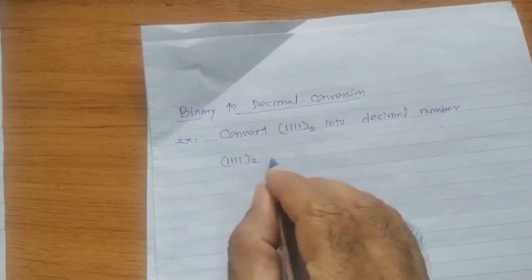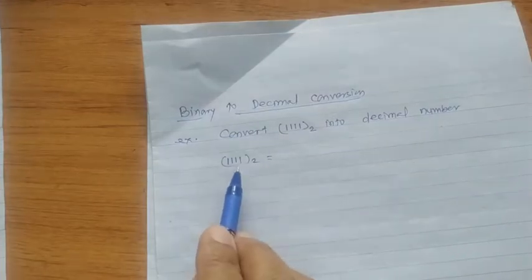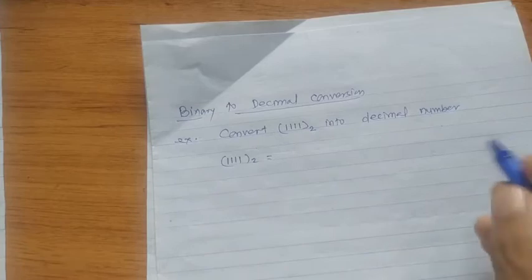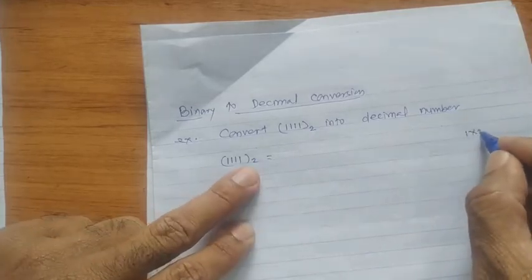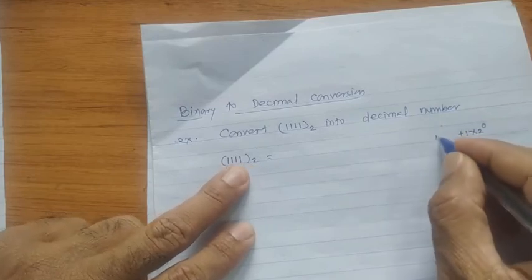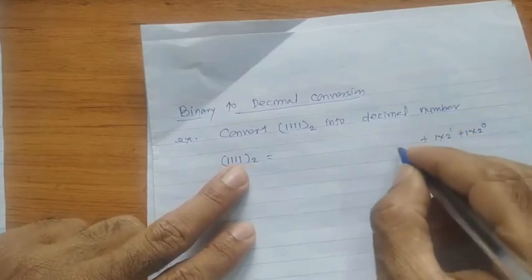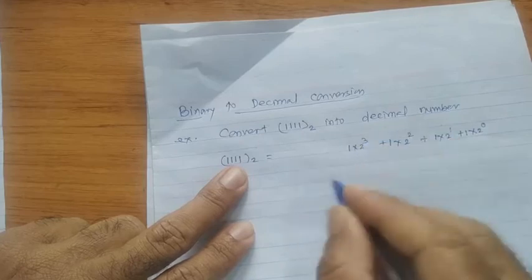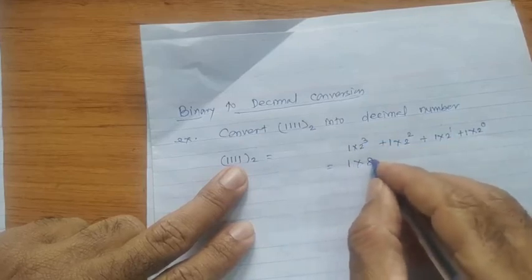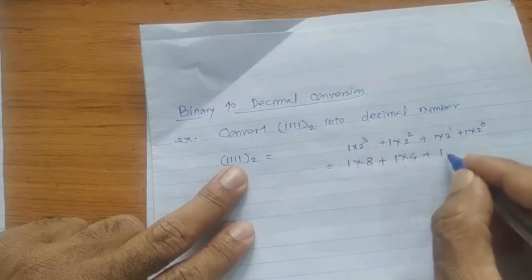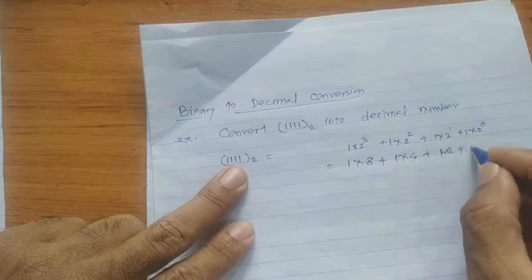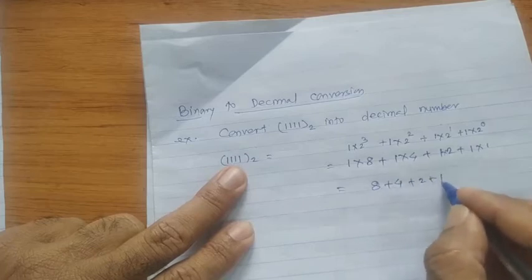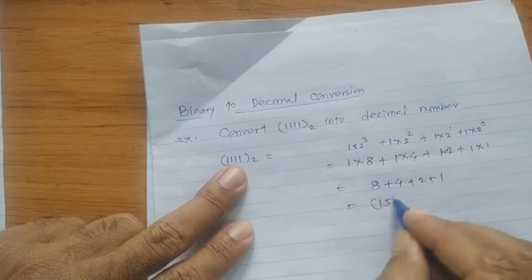Here each bit is converted into its weighted form, that is 1 into 2 raised to 0 plus 1 into 2 raised to 1 plus 1 into 2 raised to 2 plus 1 into 2 raised to 3, that is 1 into 8 plus 1 into 4 plus 1 into 2 plus 1 into 1, that is 8 plus 4 plus 2 plus 1, that is 15 base 10.